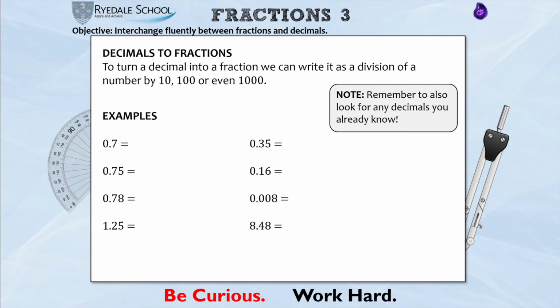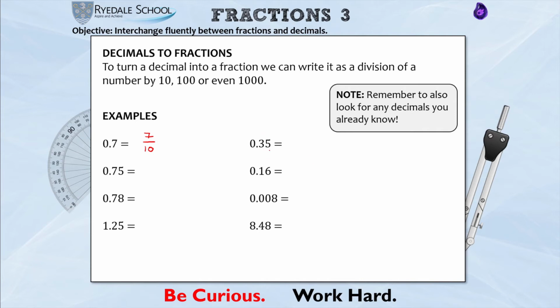We are going to think of these things as equivalent calculations where we might be dividing something by 10, 100, or possibly even 1,000. We also might be in a situation where we have to cancel some of these fractions down. So for example, 0.7 we know is 7 divided by 10. So it is just 7/10.